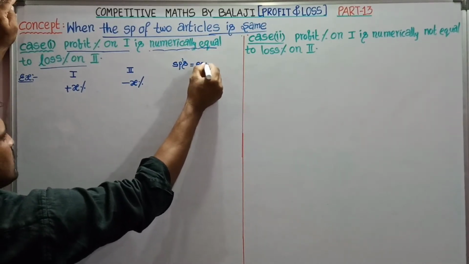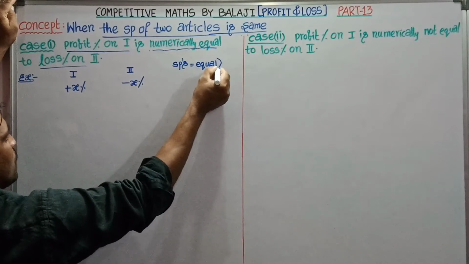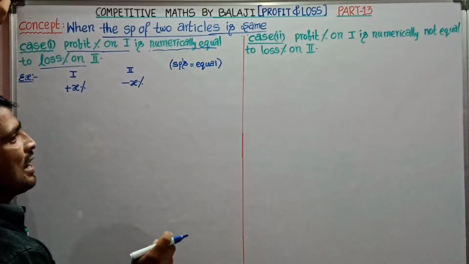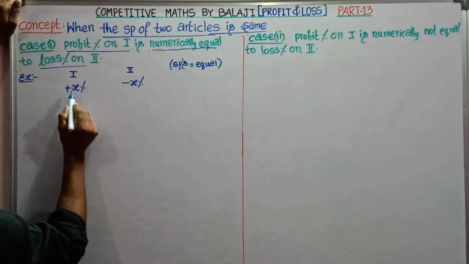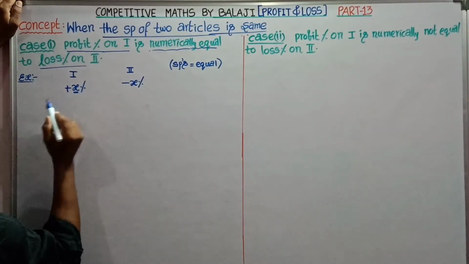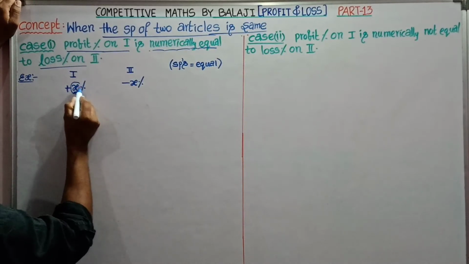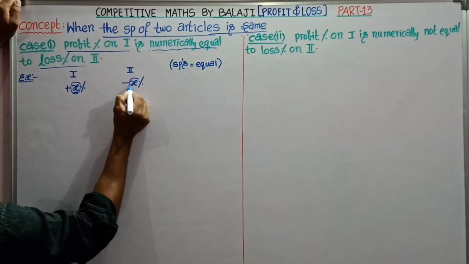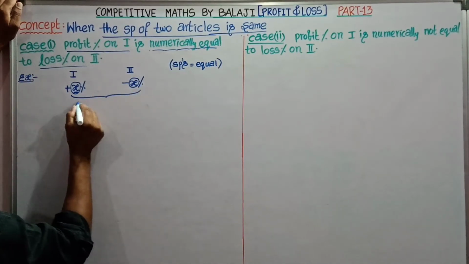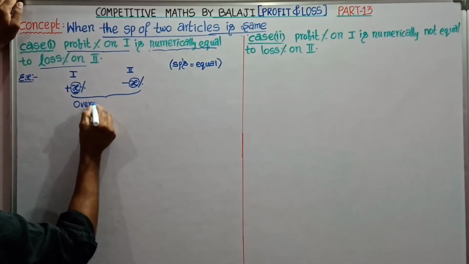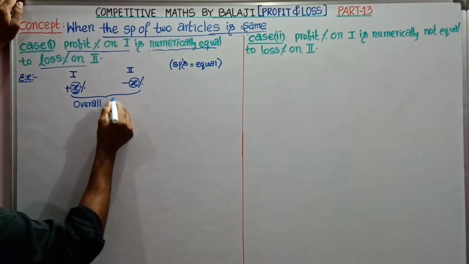The selling price of both articles is equal, which means the cost prices are different. The gain percent on the first article is numerically equal to the loss percentage on the second article. Then what is the overall effect?